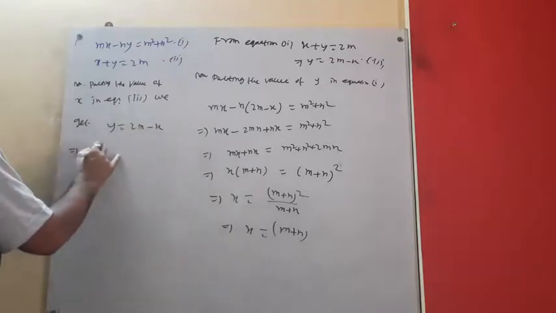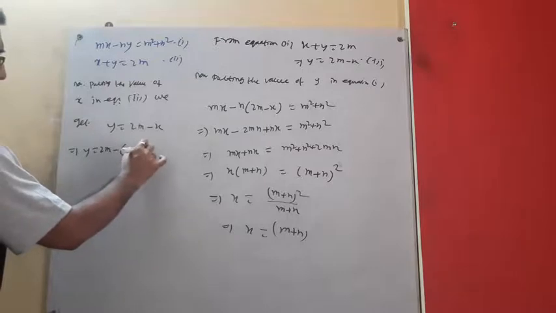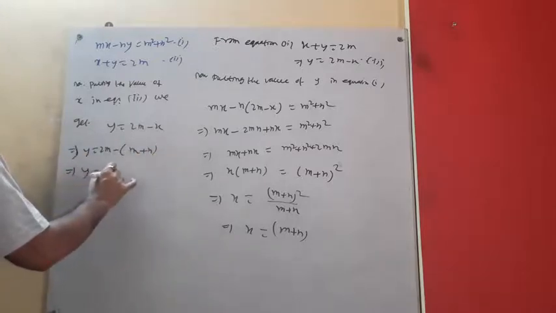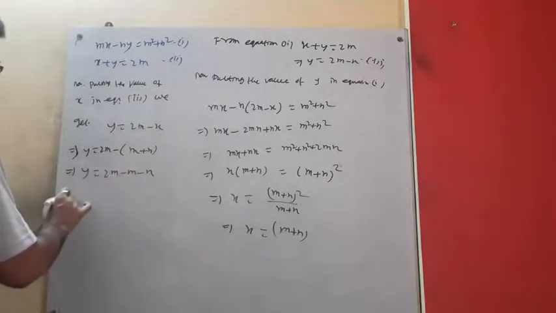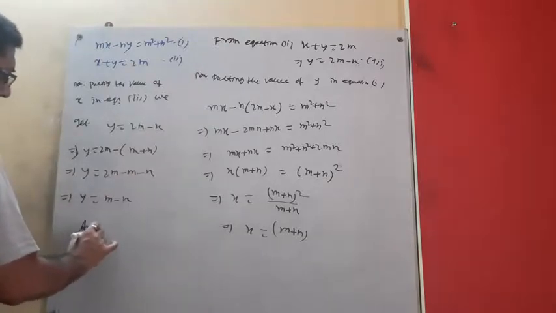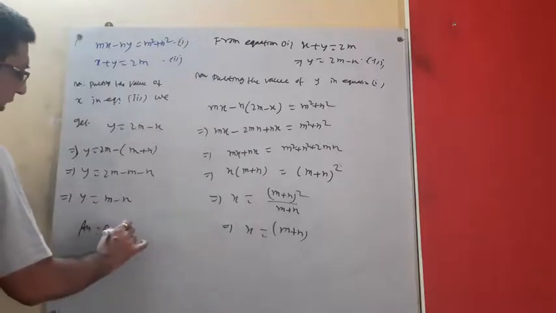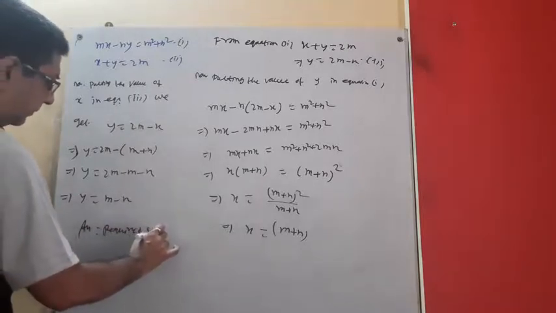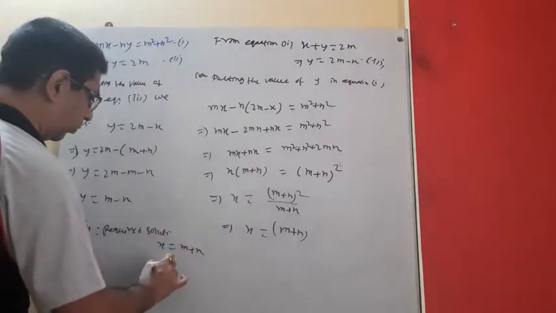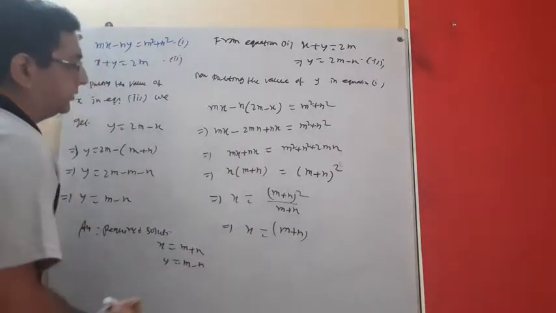That means y equal to 2m minus m plus n. So y equal to 2m minus m minus n, or y equal to m minus n. So the required solution: x equal to m plus n and y equal to m minus n.